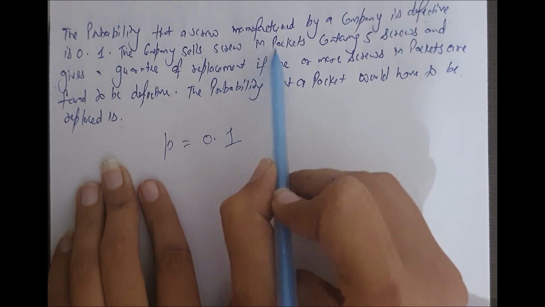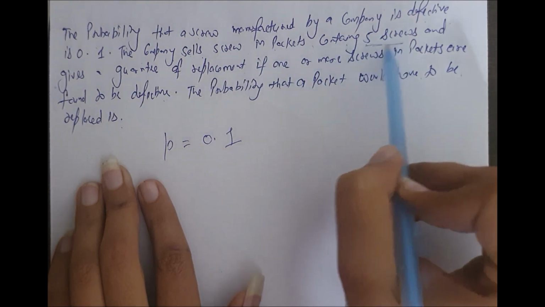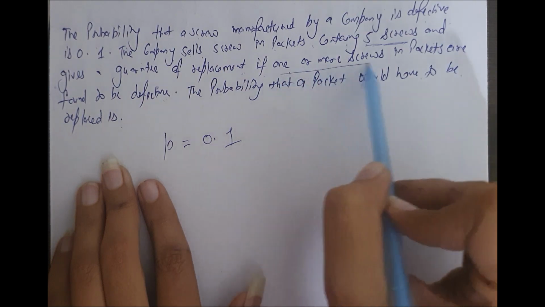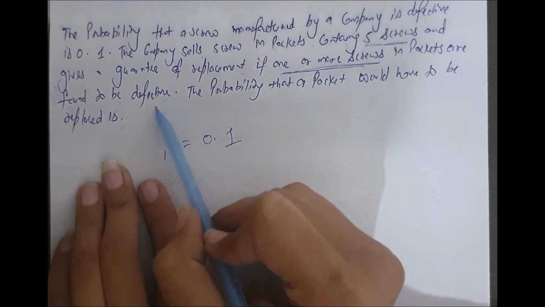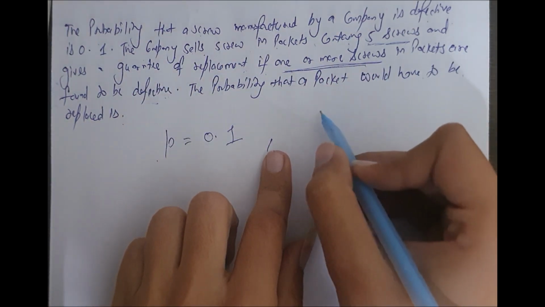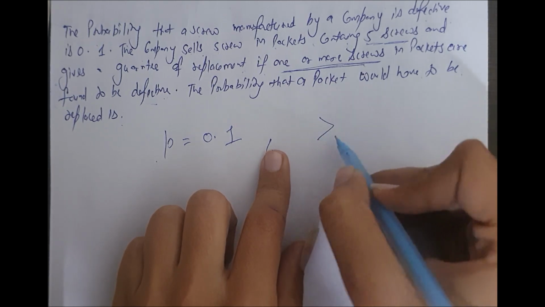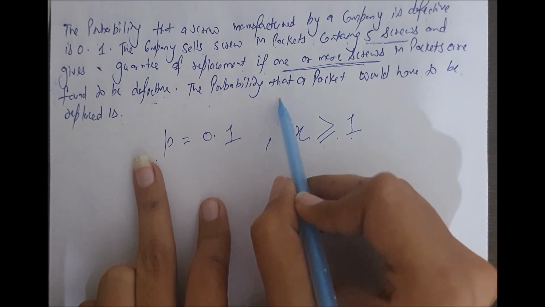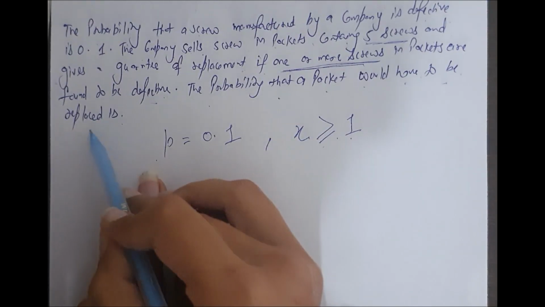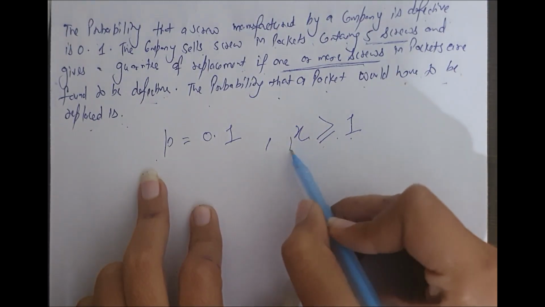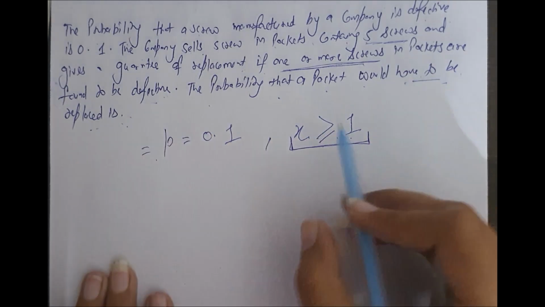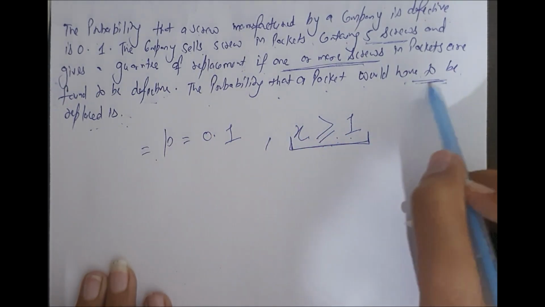If 1 or more are defective, then the packet would be replaced. What's the probability that the packet would be replaced?